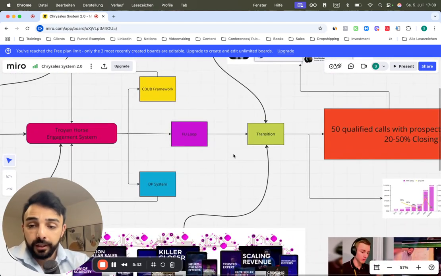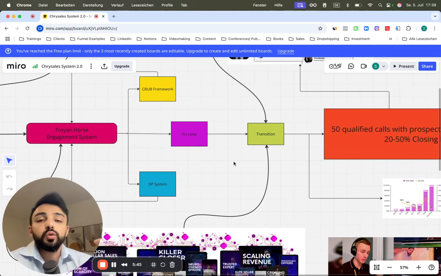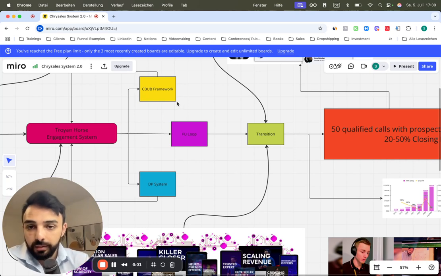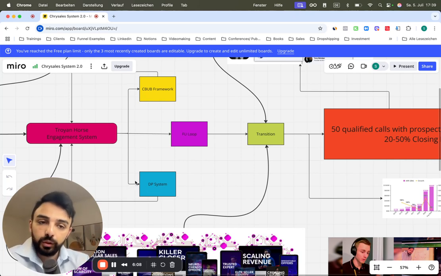After the Trojan horse system, once you spark their curiosity, you have one of these two options. One is CBUB. It means connect with people, build relationship, understand their problems, and then bond with them. This is the first strategy, the CBUB framework. The second strategy is the direct pitch system, which means you come up front with the offer.